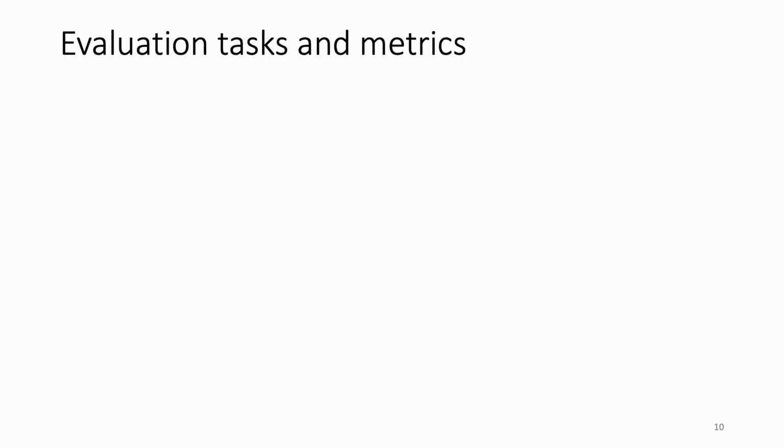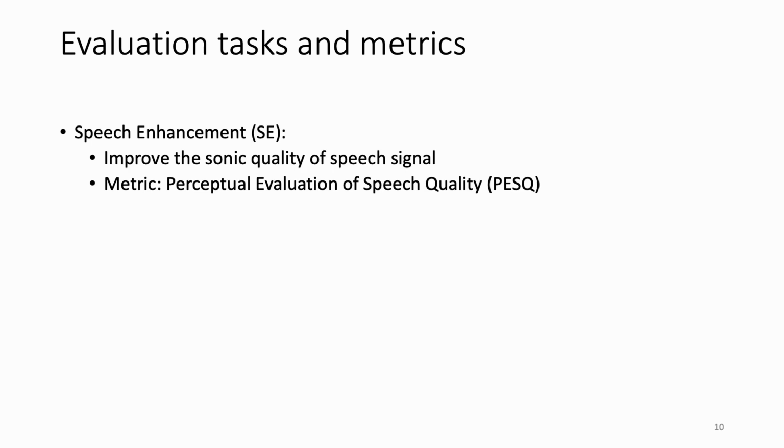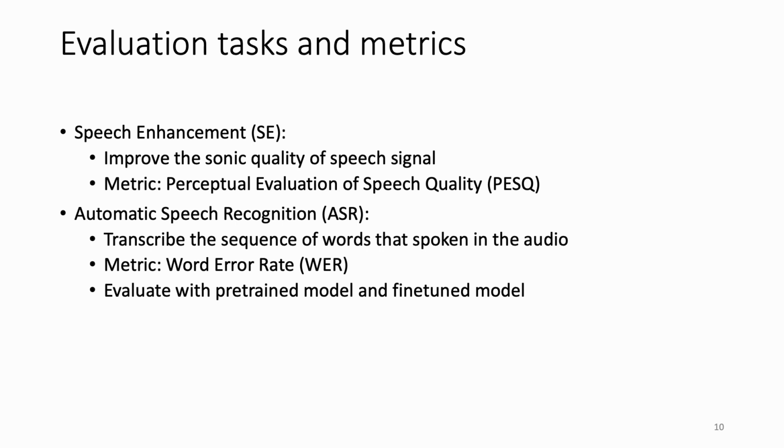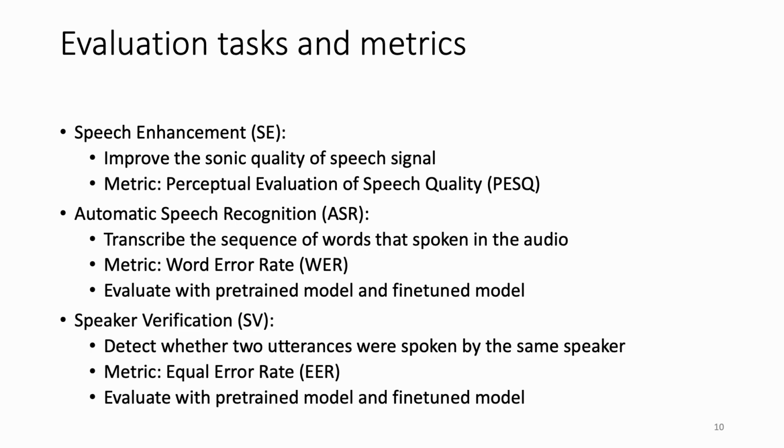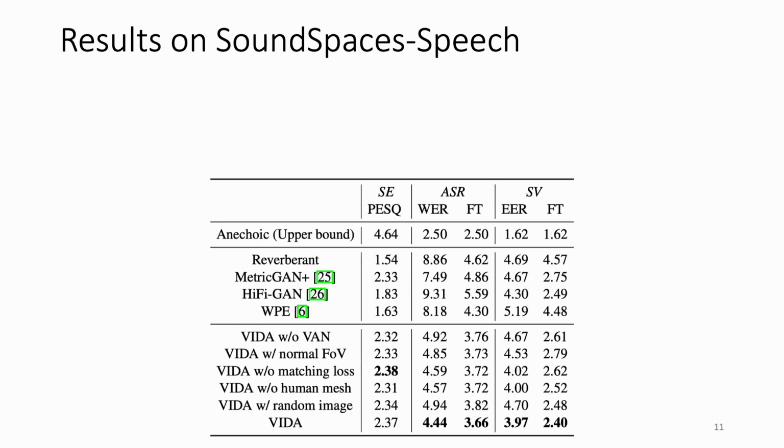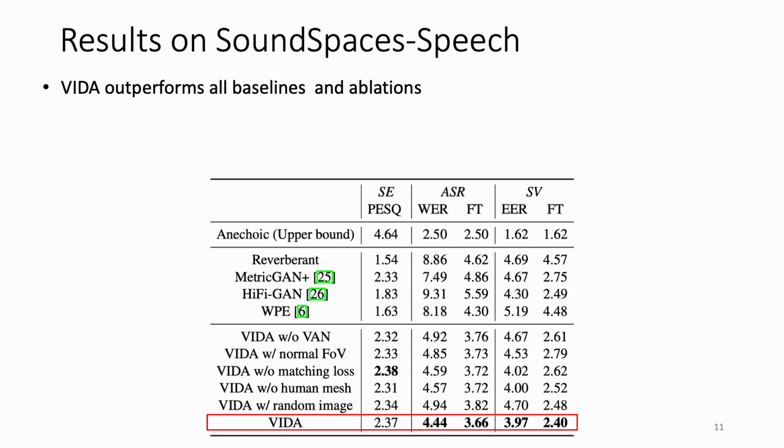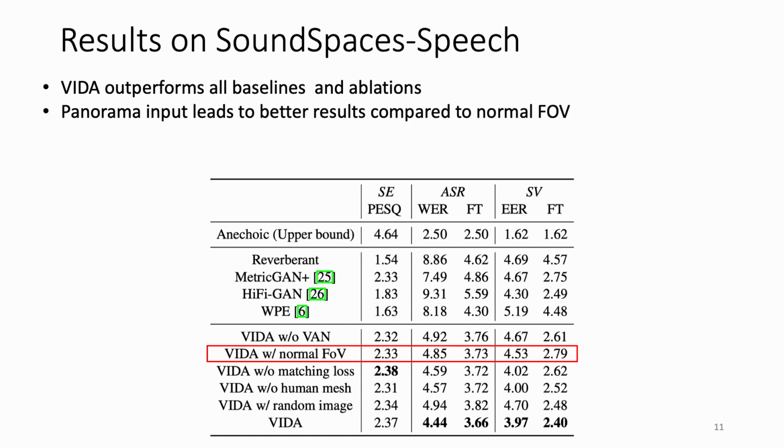We evaluate our model on various downstream tasks, including speech enhancement measured by PESQ, automatic speech recognition measured by WER, and speaker verification measured by EER. We compare against various audio-only baselines, and we show that VIDA outperforms all baselines and ablations.